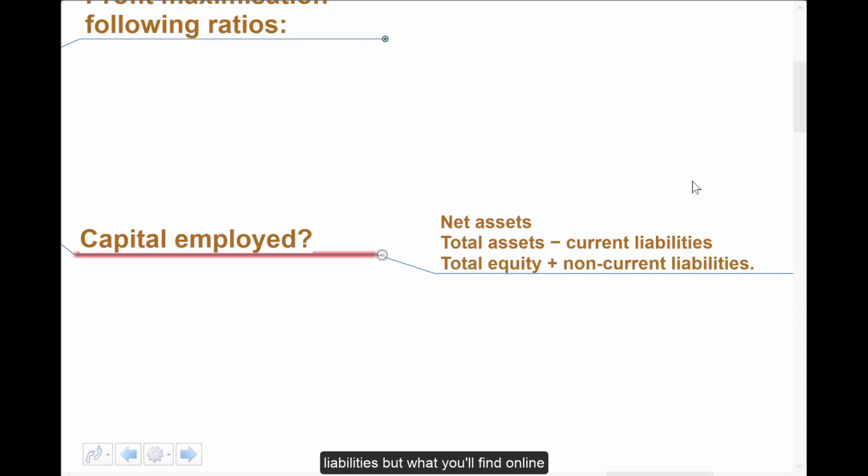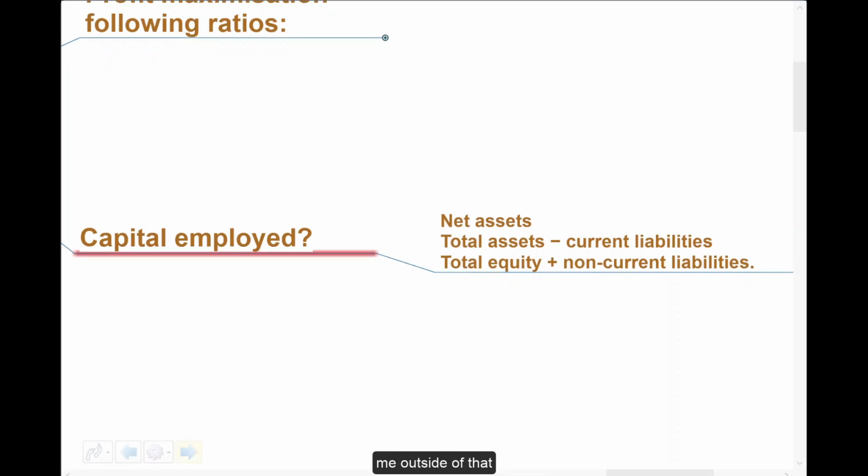But what you'll find online is that different observers and different qualifications tend to use different terminology, so it can get confusing for students. I would pick one, the one in the middle, total assets of the business, whether or not they're non-current assets or current assets, less current liabilities. That's the simplest way to get to capital employed for me.